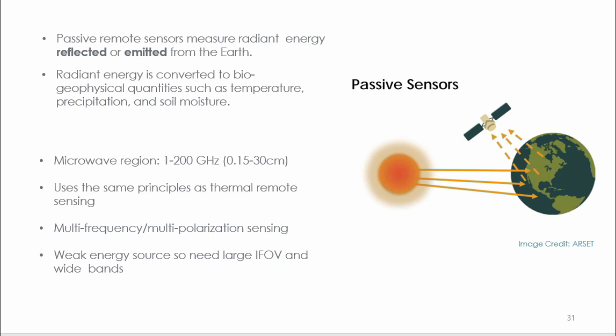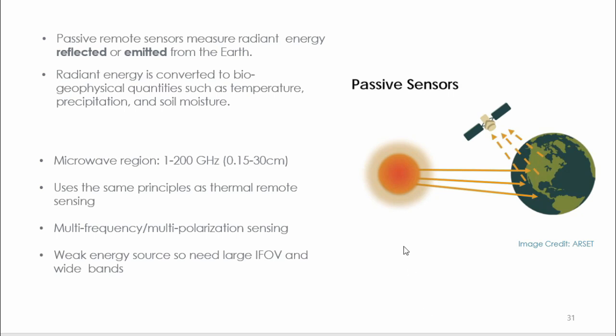They just measure naturally occurring emissions from the Earth. And radiant energy is converted to biophysical quantities and physical variables that humans can understand more easily, for example, temperature, rainfall, soil moisture, and so on.